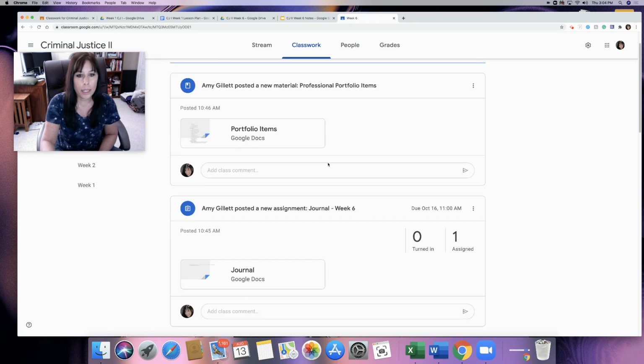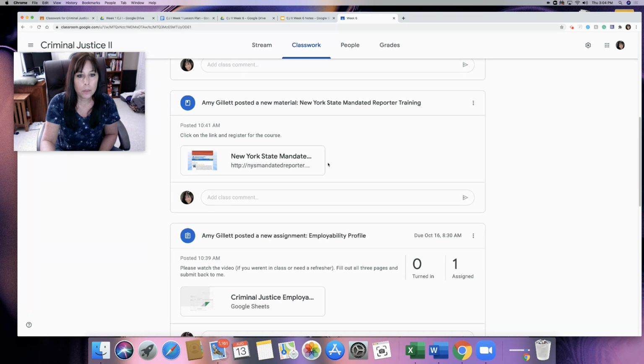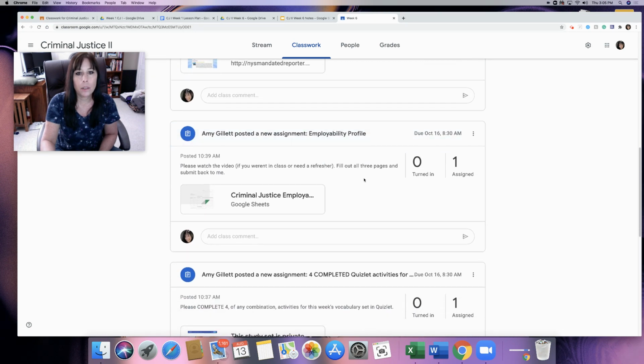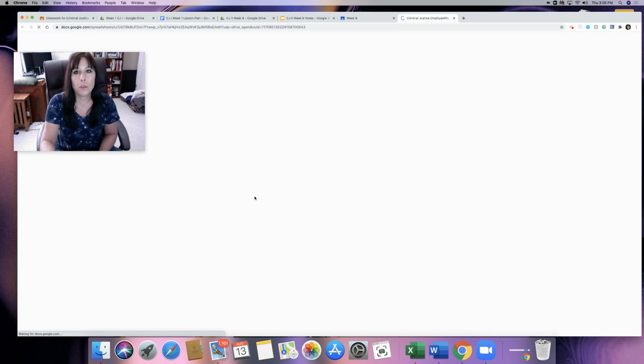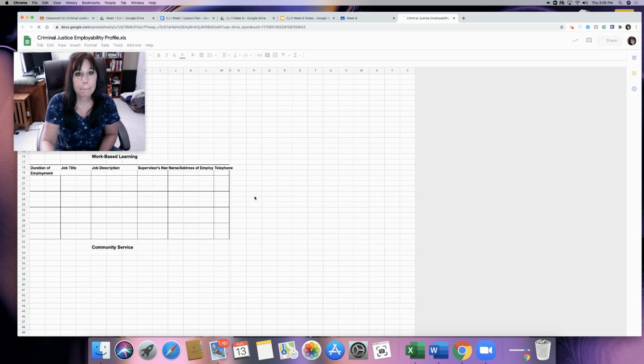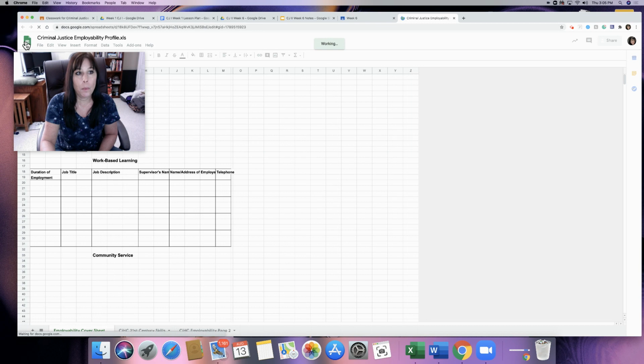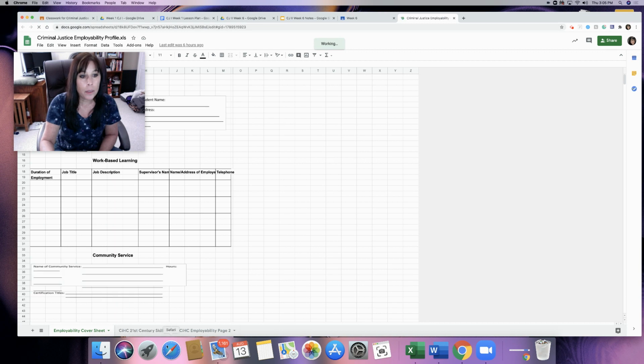So that's not it. Wait a minute. That's not it. There it is. Yeah, so Google Sheets. So you'll see here it opens up in that format. And if you look down here at the bottom, that's where you see the pages.